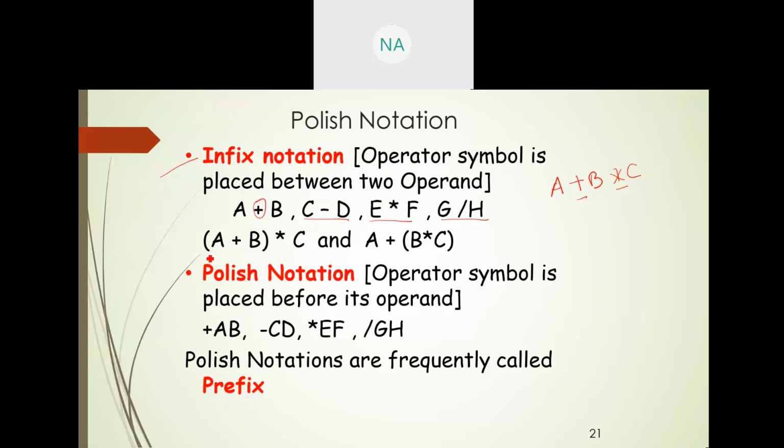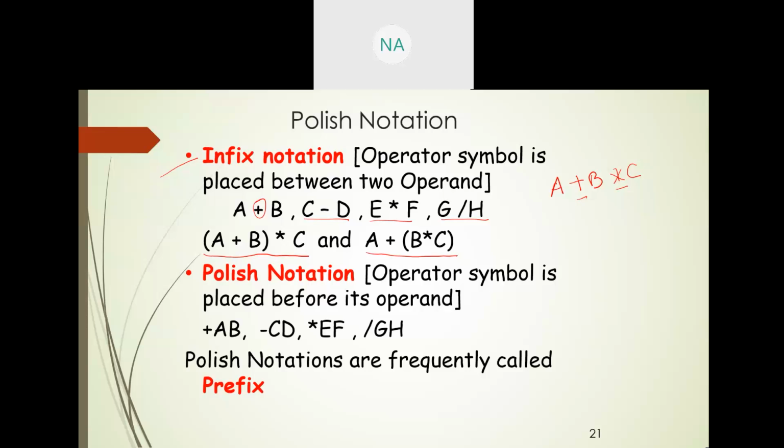If you put a plus b between parentheses, then multiply it by c. Or you can put b into c within the parentheses and then add a to it. So these two are different expressions, right?